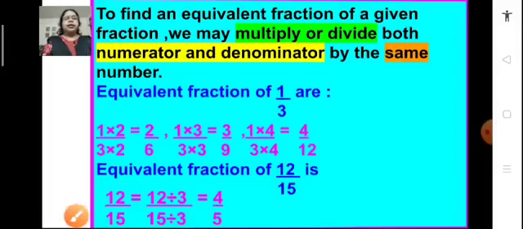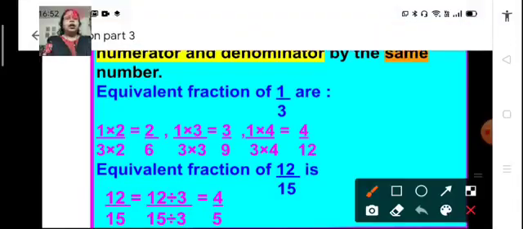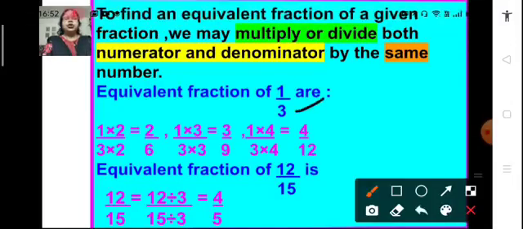For example, if we have a fraction 1 upon 3, to get its equivalent fraction, we multiply the numerator 1 by 2 and also the denominator 3 by 2. And what do we get? We get 2 upon 6. So 2 upon 6 is an equivalent fraction of 1 upon 3.